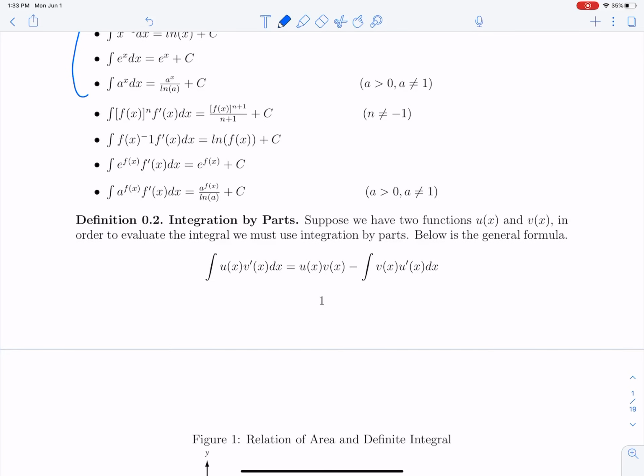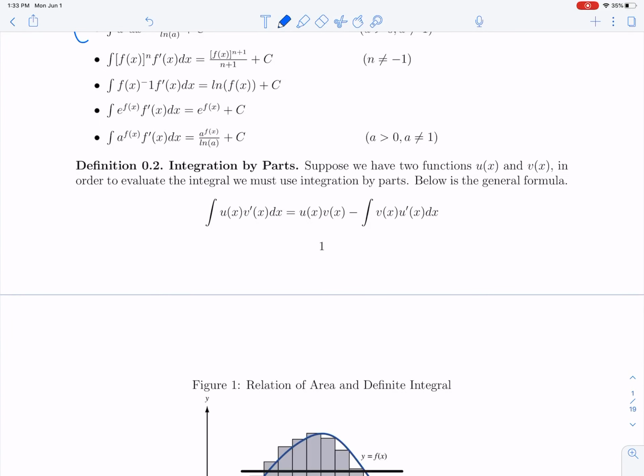Most integrals you can do multiple different ways. There are different techniques. One of the main techniques that you see a lot is integration by parts. It's if we have 2 functions, u of x and v of x, it could be any 2, but usually the standard is we use u and v. And we can't evaluate it when it's multiplied together. I kind of tell people to think of it as like the chain rule of integration. You can't just evaluate it all together at once, so we must use integration by parts.